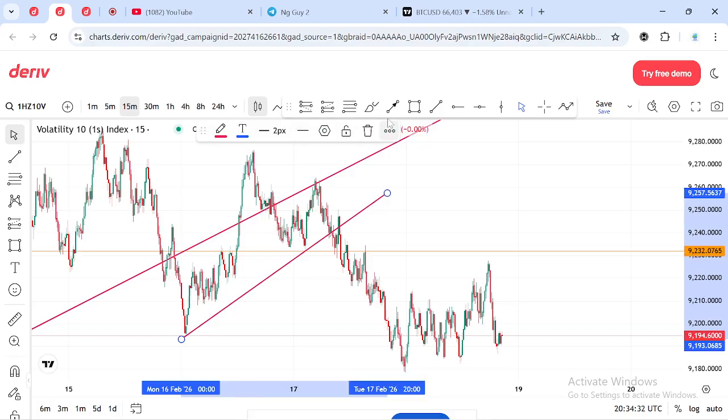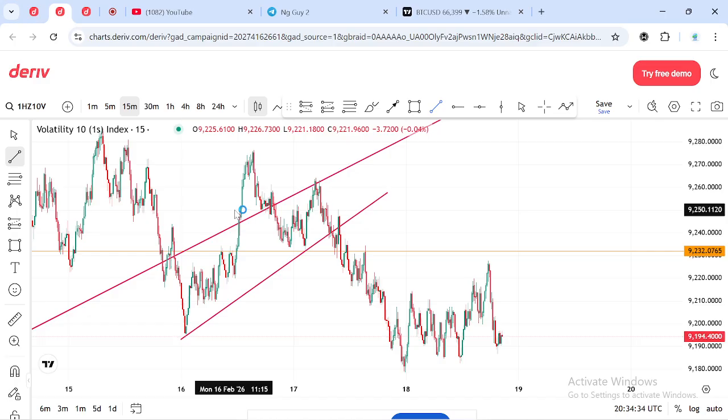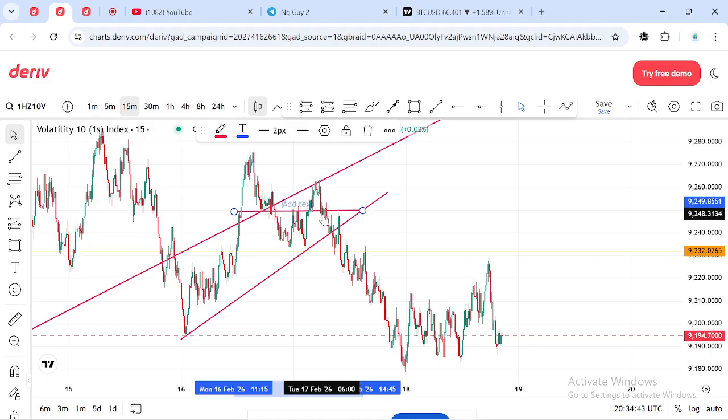So I was able to pick this zone. This is one level I used myself. So the moment price closed below here, I got in for a sell and I've been holding it.